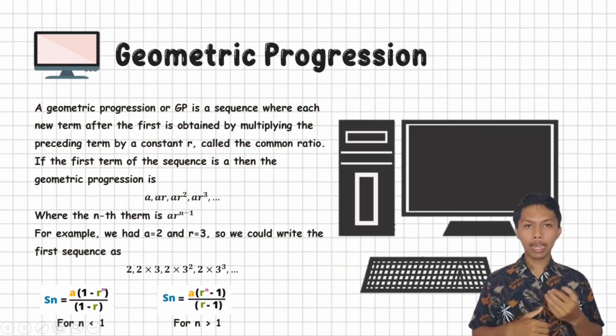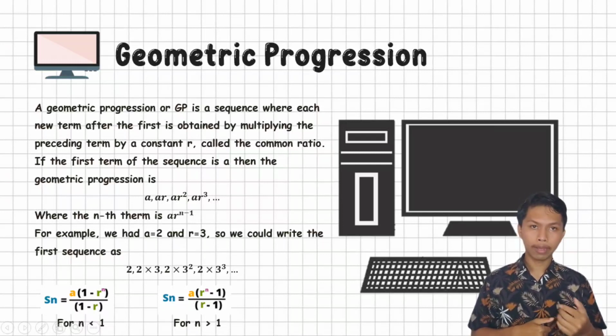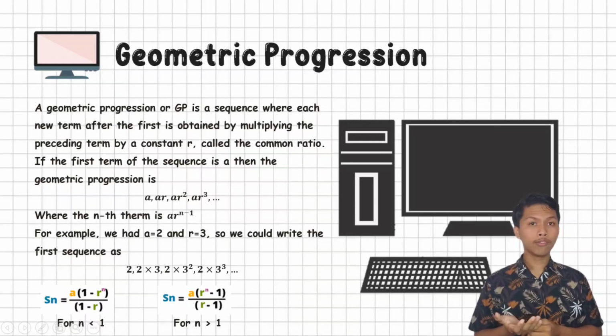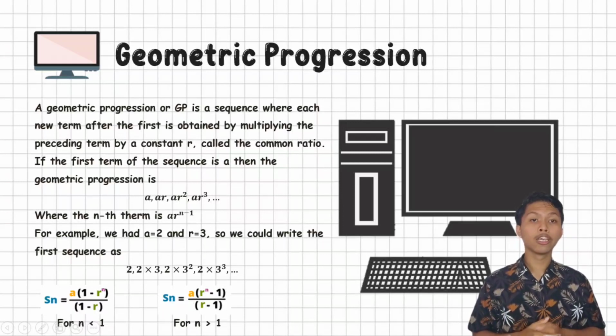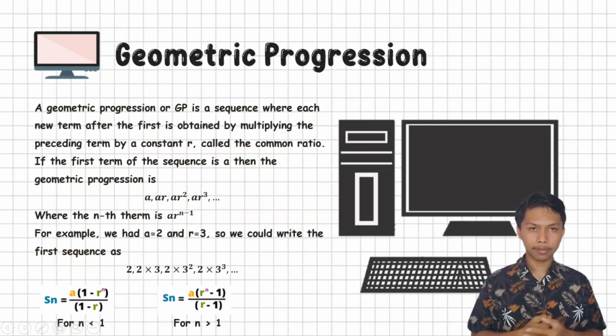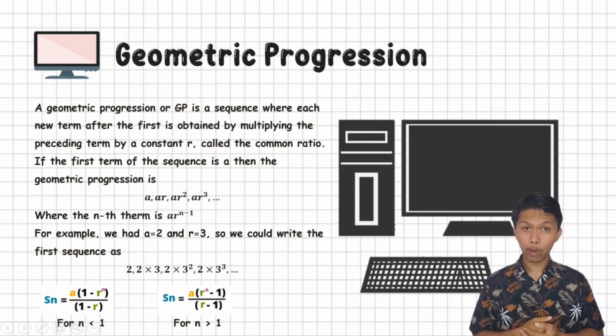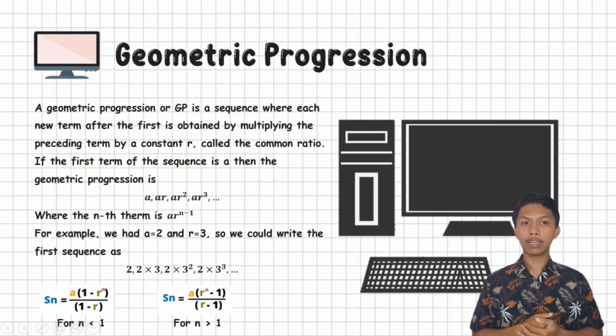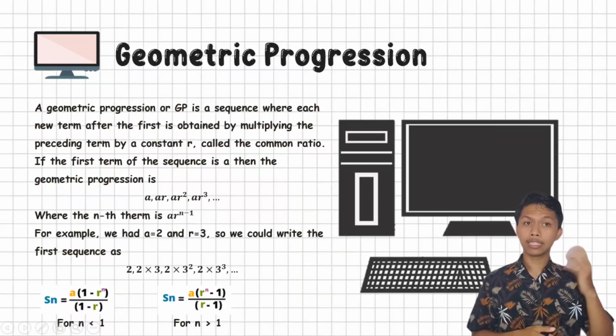We can obtain R by dividing Un by Un minus 1. The formula for the geometric sequence is Un equals A multiplied by R to the power n minus 1. And the formula for the geometric series is divided into two parts based on the ratio we get, as seen on the slide.